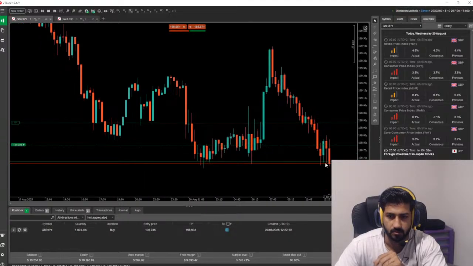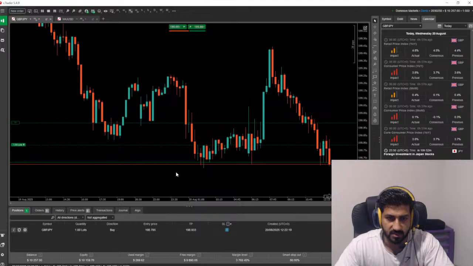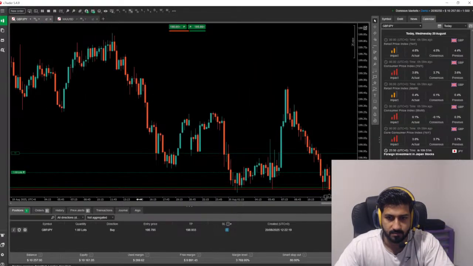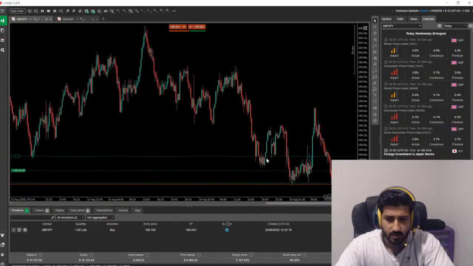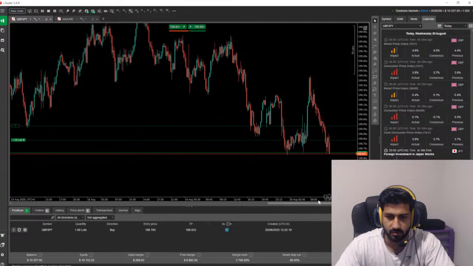I don't want any sudden movements to take me out because I'm looking at the price right now and monitoring it myself. So I know if it breaks below these lows, I can exit the trade myself. Anyways, there's a heavy support here, so I'm going to let this run.